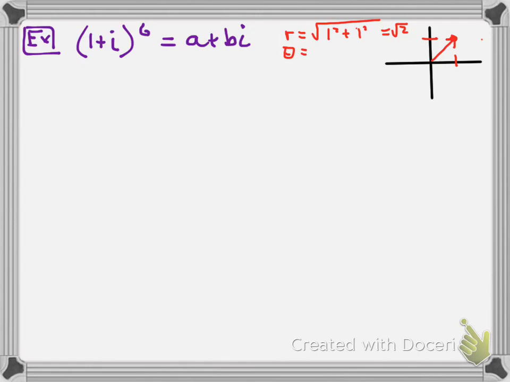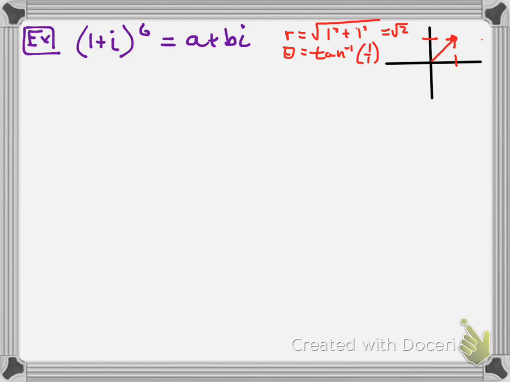Right? Theta is the inverse tangent of b over a. Inverse tangent of 1 over 1 is what? Pi over 4 in the first quadrant, so it's just pi over 4.